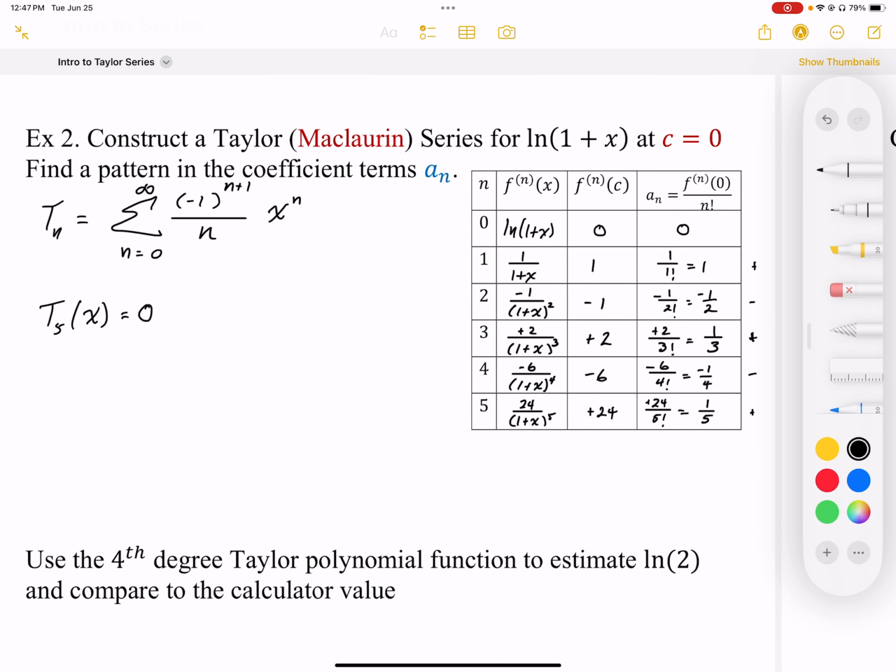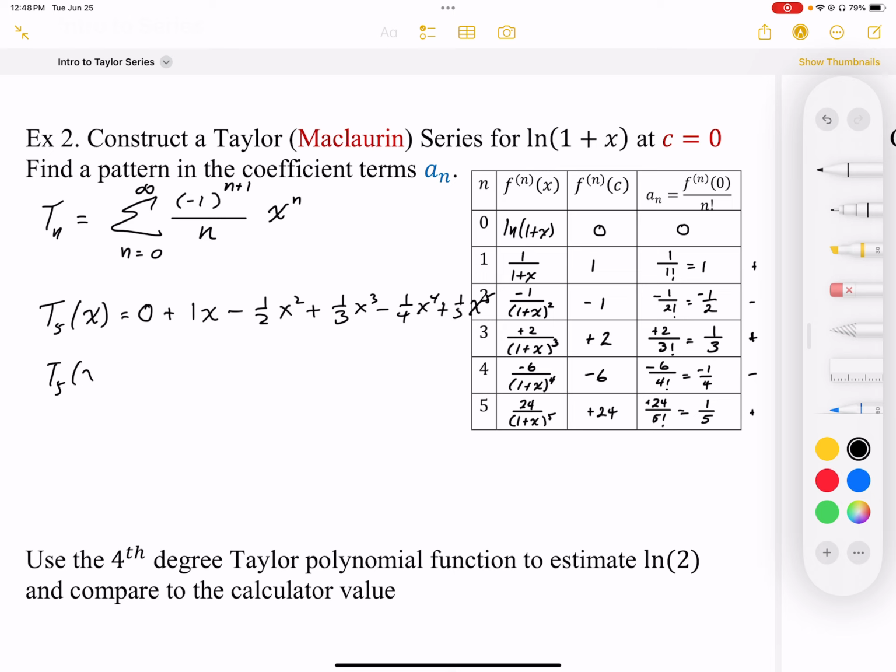This is going to be 0 plus 1x minus 1/2 x squared plus 1/3 x cubed minus 1/4 x to the power 4 plus 1/5 x to the power 5. And so this represents our Taylor polynomial.